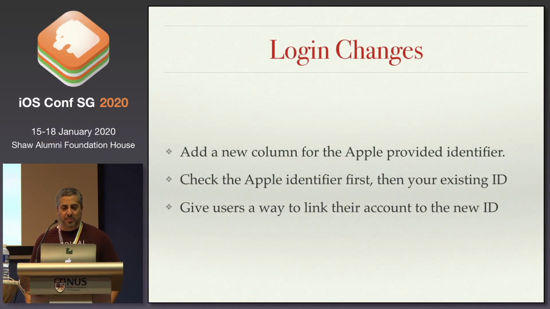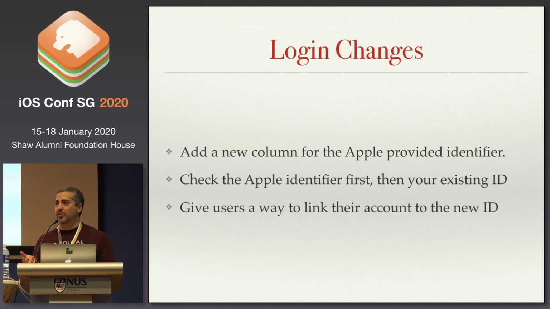Okay, so let's assume you've done all this, right? You've implemented all the code, you're ready to go. You probably need to make some changes on your back end because you're currently using email address, for example, as the primary key. So the simplest way around this is just add another column to your user table or your registration table, whatever that might be in your database, and have it specifically hold the Apple ID identifier.